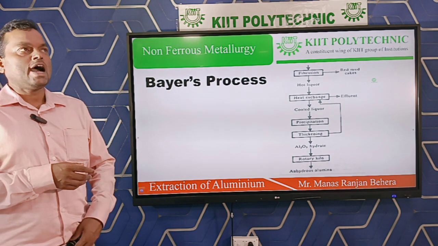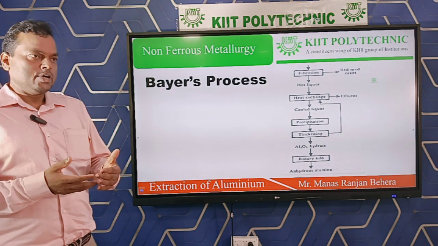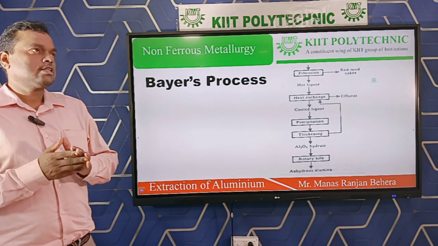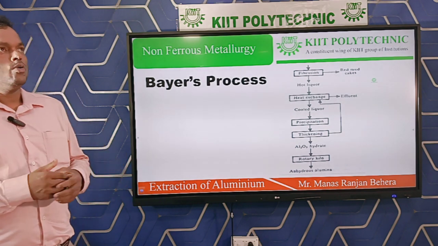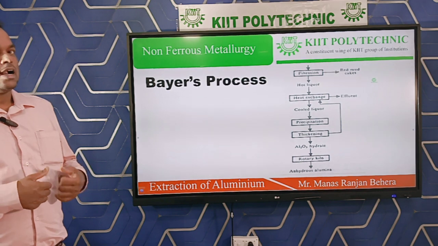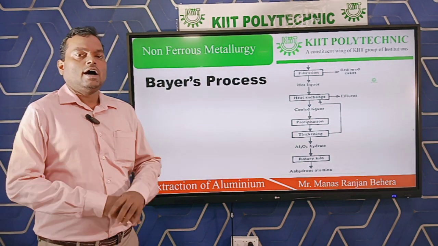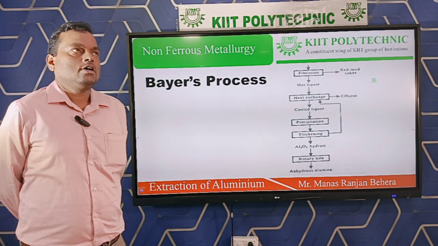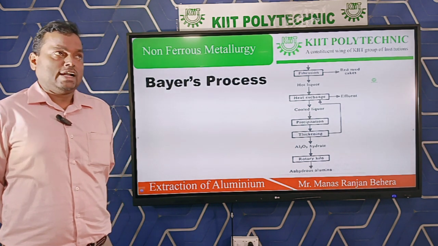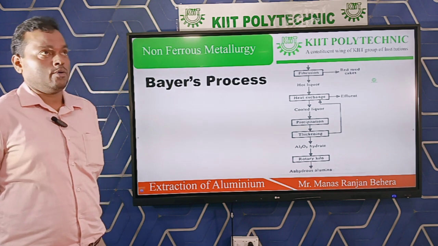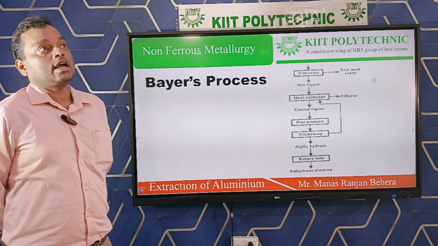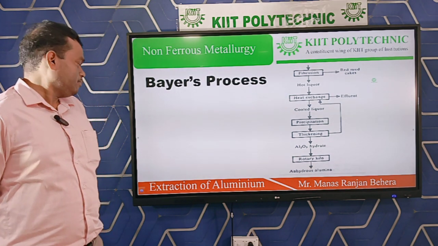After some time we get the aluminum, which is more than 99.99% pure, and it can be used for our electrical and electronics purposes.